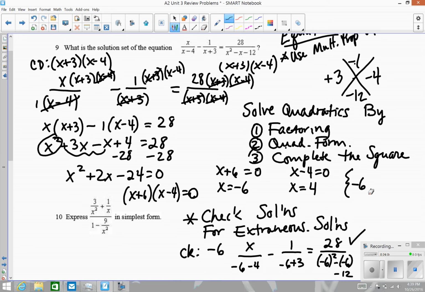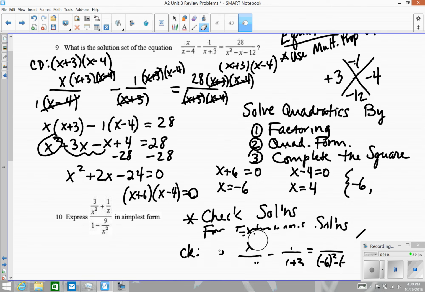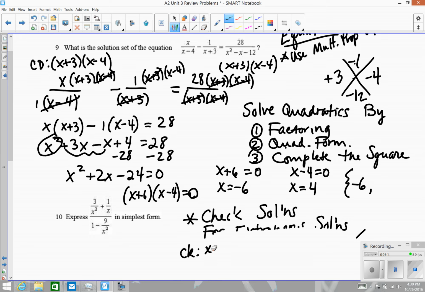Now I will also need to check my other solution, the x equals 4. So I'm now going to check x equals 4. And I would put in 4 for x.